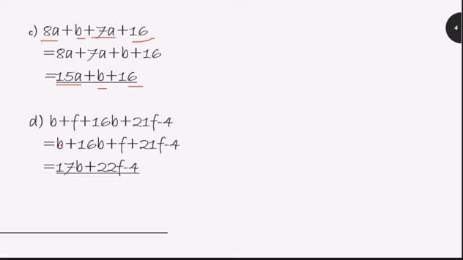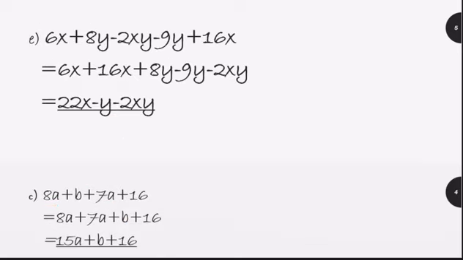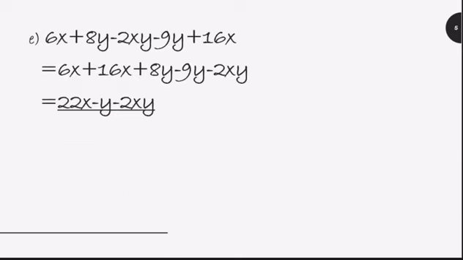So at the end of the day, you get 17b plus 22f minus 4. Okay, next question. 6x plus 8y minus 2xy minus 9y plus 16. Here you can simplify on your own and you are going to get this at the end of the day.